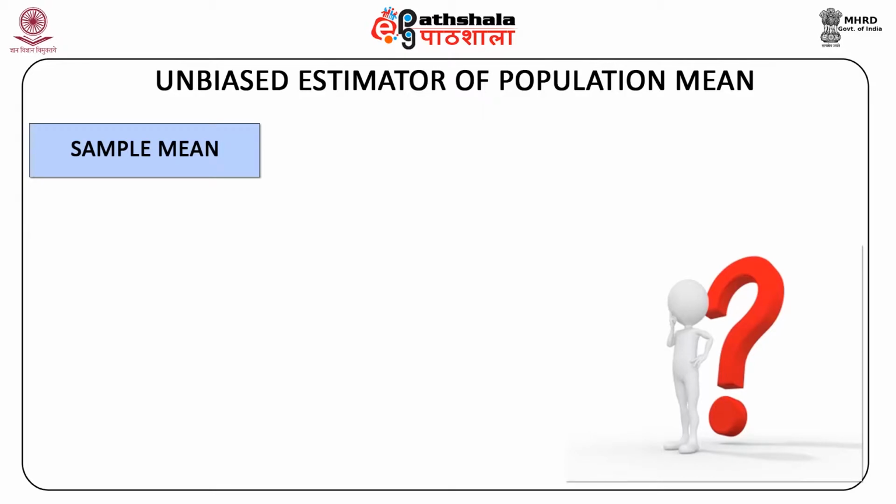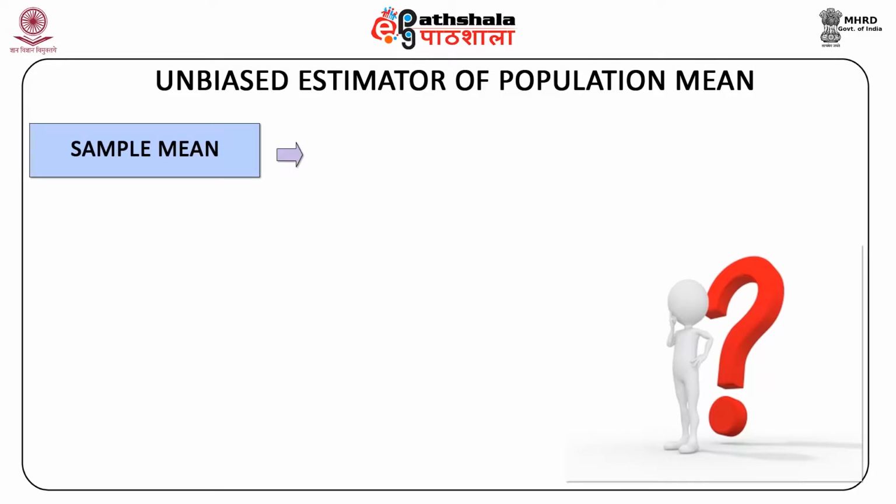For a random sample of size n, the sample mean is denoted by x bar and the population mean by mu. In a random sample, each sample unit is independently and identically distributed. So each sample unit will have a probability distribution same as that of the population with mean mu.